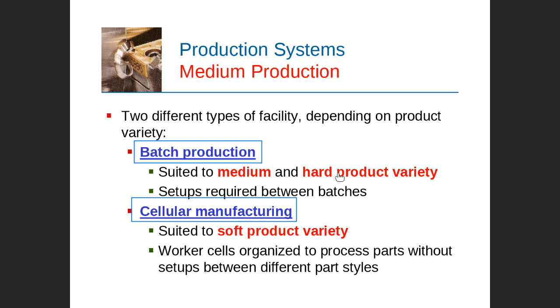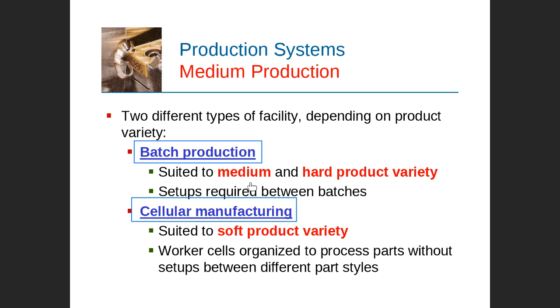Batch production is medium to hard variety. Cellular manufacturing is soft variety. Soft variety means lower variety. Batch production usually has higher variety than cellular manufacturing, but both of them work in medium production. Soft variety means the variety is not very big. Here, medium to hard variety means the variety is somewhat different.